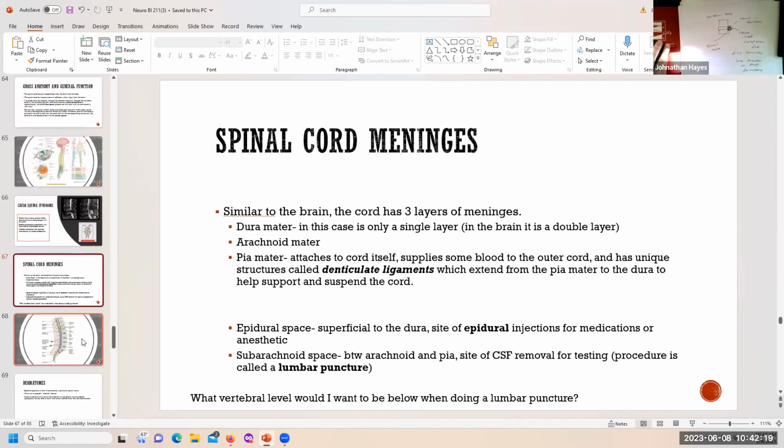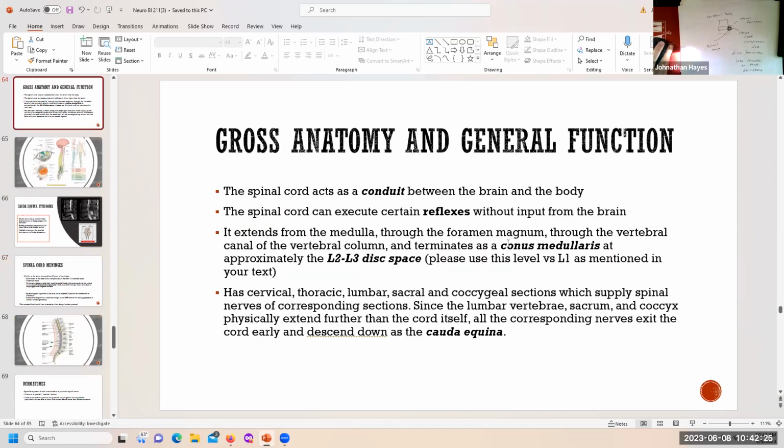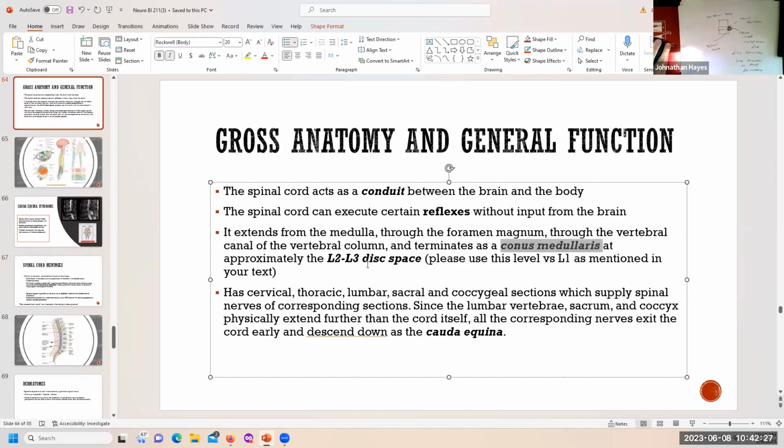Here's another good reason we want to know where the conus medullaris is. The conus medullaris is the tip of the spinal cord, and the spinal cord terminates at about the L2, L3 disc space.